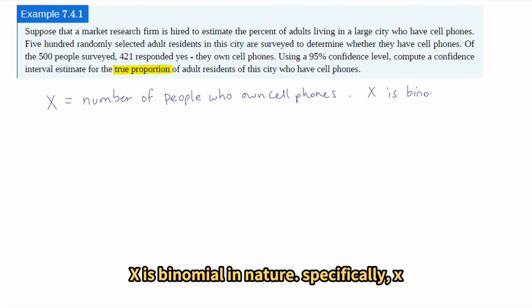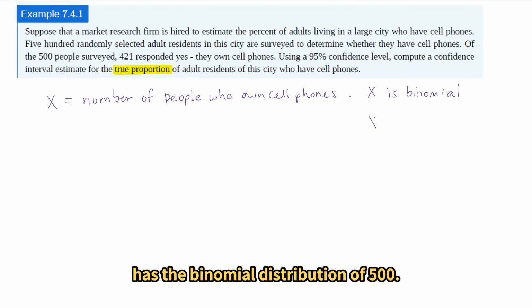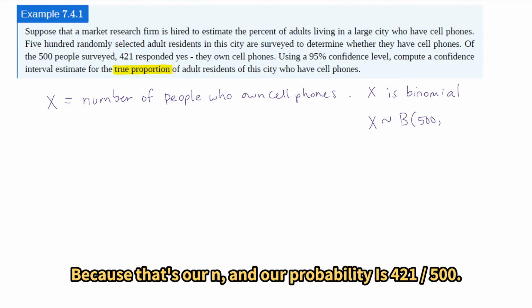X is binomial in nature. Specifically, X has the binomial distribution of 500, because that's our n, and our probability is 421 divided by 500.